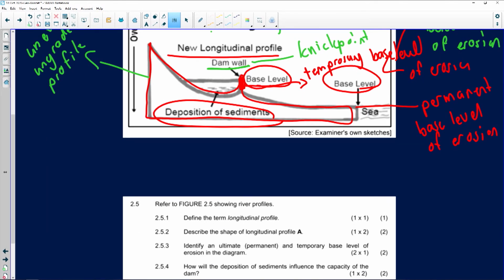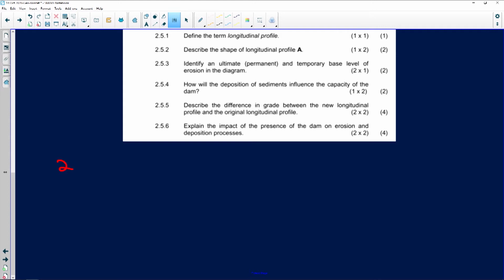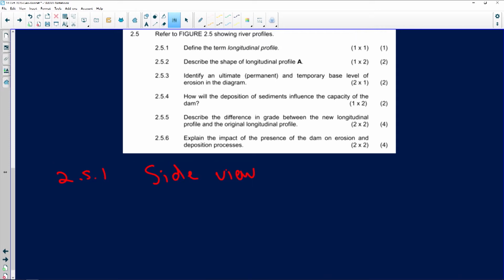Okay, define the term longitudinal profile. I'm just going to write my answers there down at the bottom. 2.5.1. It's a side view of a river from the source to the mouth. Okay.